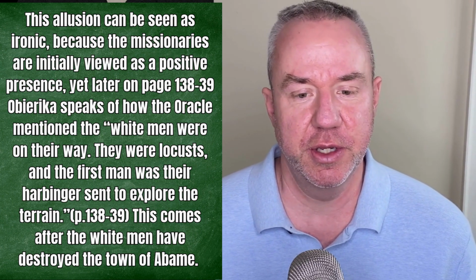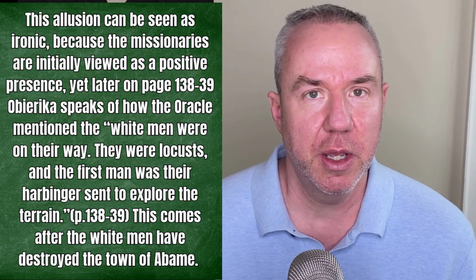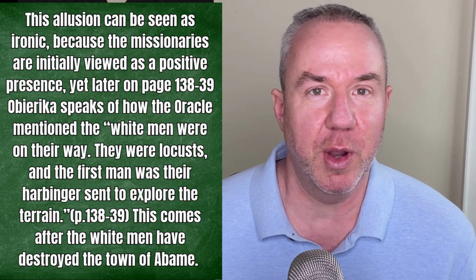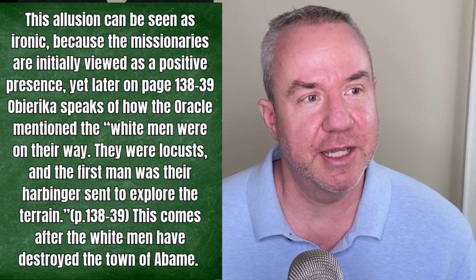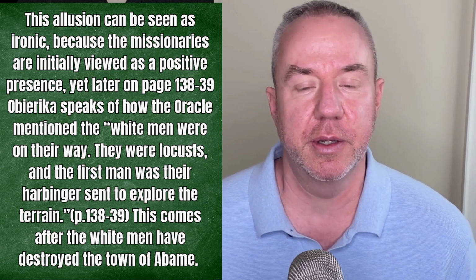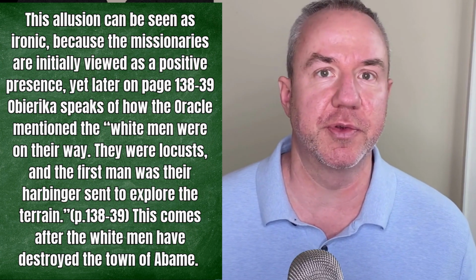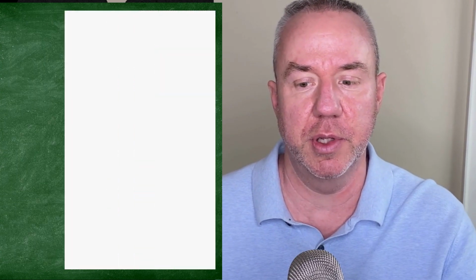He was sent to explore the terrain, and all along, yes, the white man had ill intent, and ended up separating and destroying the people's villages and separating the people as well.